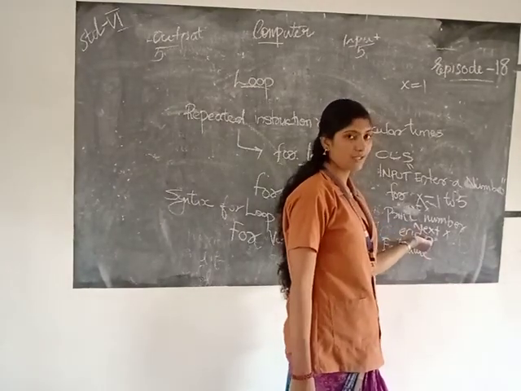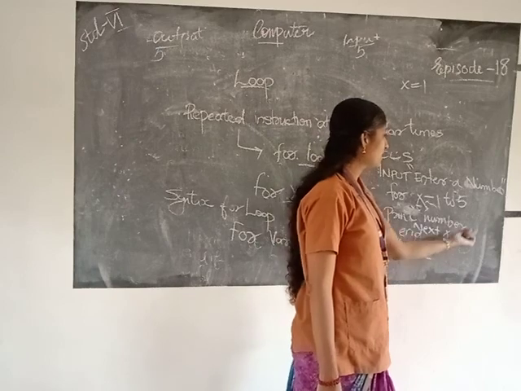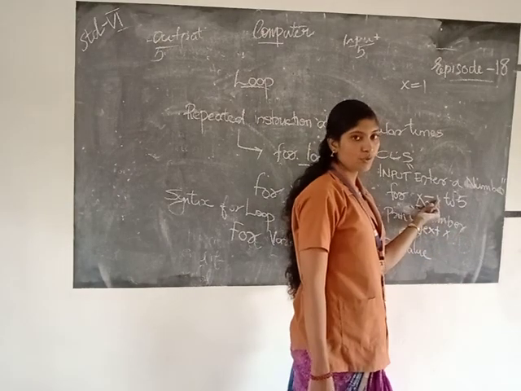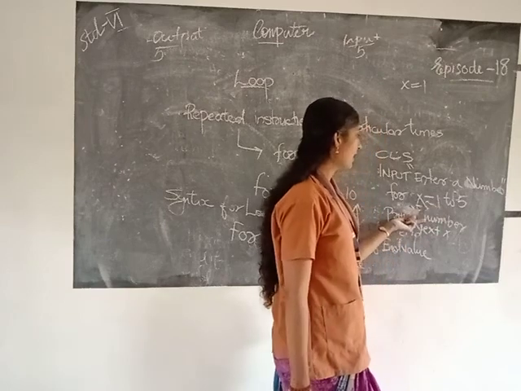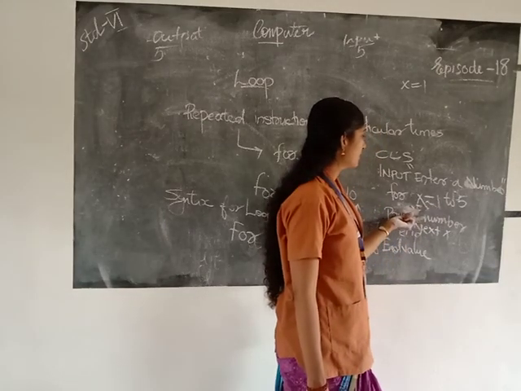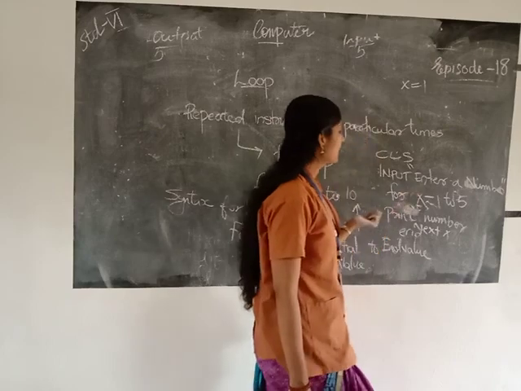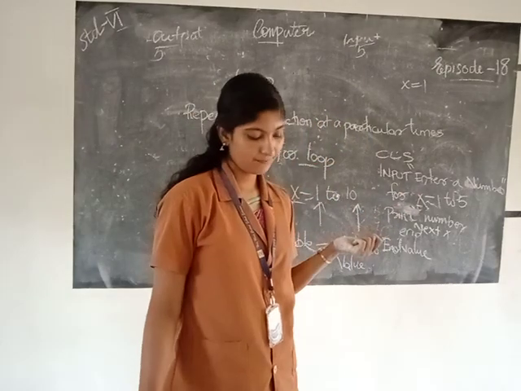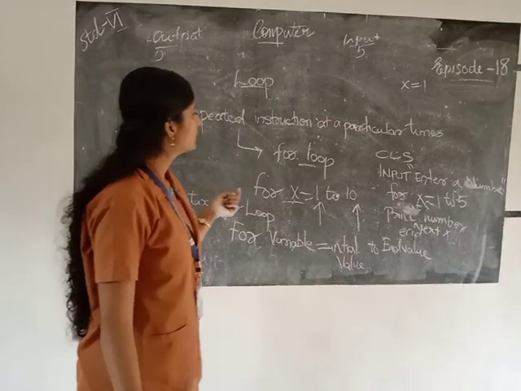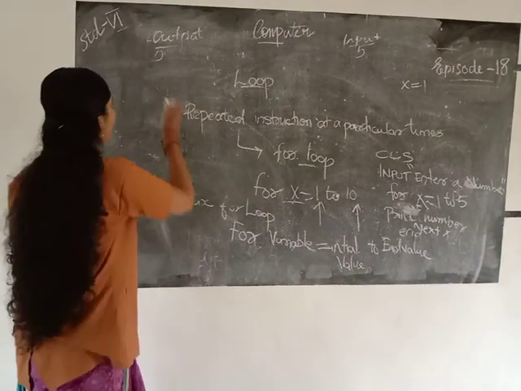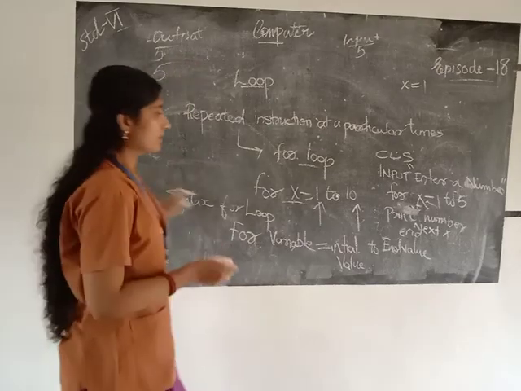Incrementing the value of x means x is incremented by 1, so that means 2. The value of x is equal to 2. Then print another number, print number means here we again print 5.